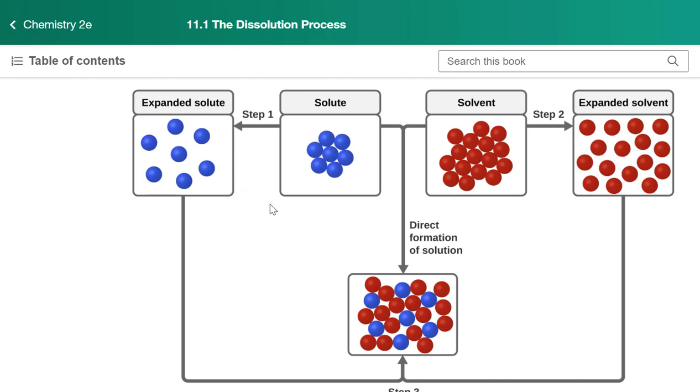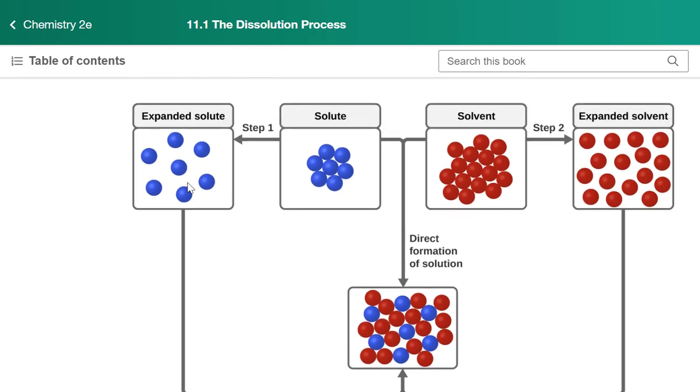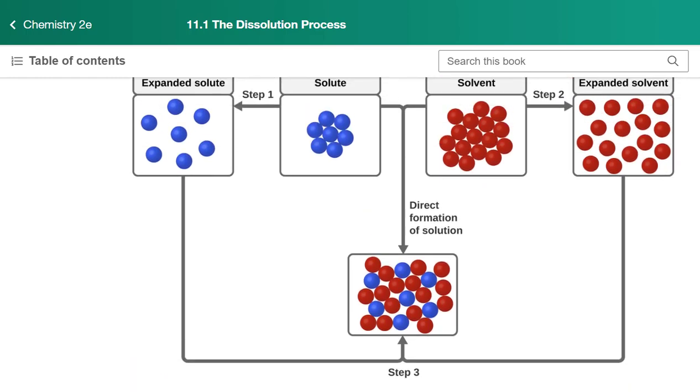Both of these require energy, right? So it's energetically favorable for them to be close together because of their intermolecular forces, their tendency to stick together. The third step that we're showing here is we are putting them back together. So we're taking the solute and solvent, combining them. And what can happen here is you can have intermolecular forces that make that favorable.